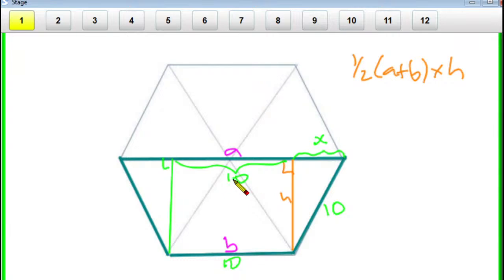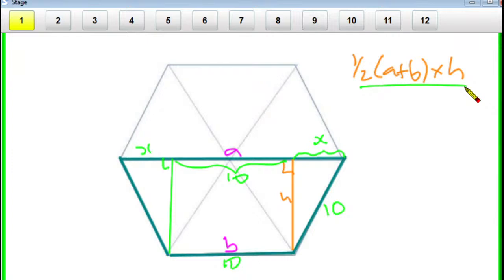But now we need to make an assumption that the remaining portion of x there and x there is going to be something. And we can't say it's going to be half of 10 because there's no way to know that. So we need to find a way of figuring out how long x is going to be so that we can use Pythagoras to find the height of the trapezium so that we can use that formula.